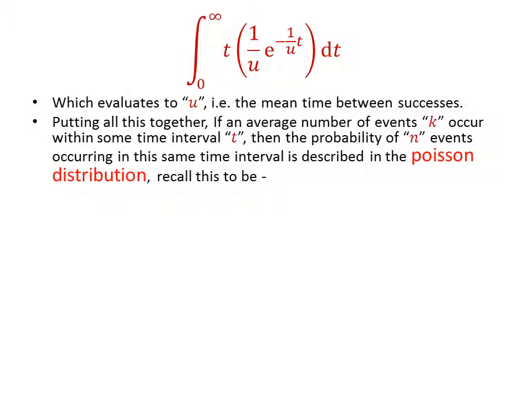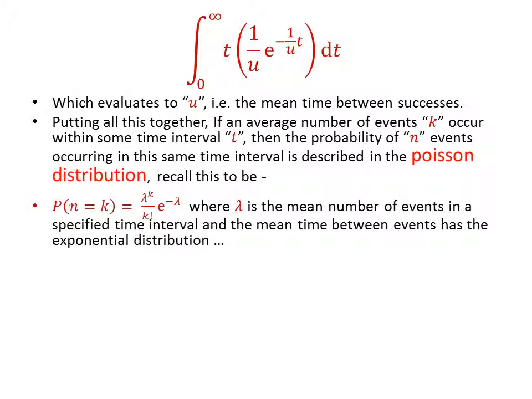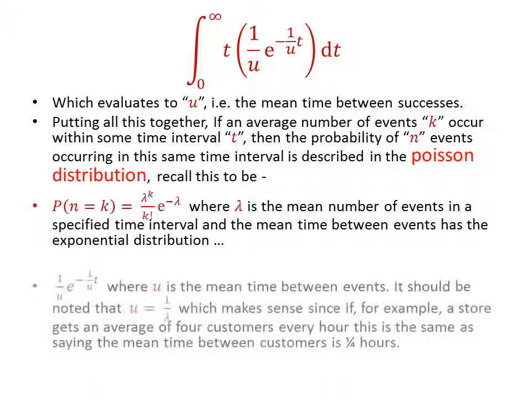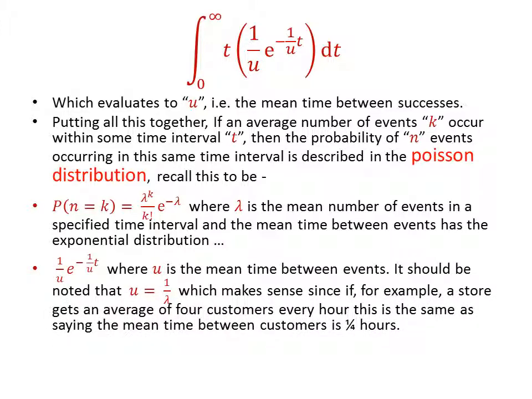Putting all this together, if an average number of events k occur within some time interval t, then the probability of n events occurring in the same time interval is described in the Poisson distribution, recalling that to be given here, where lambda is the mean number of events in the specified time interval, and the mean time between events has the exponential distribution, which we just found, where u is the mean time between events.